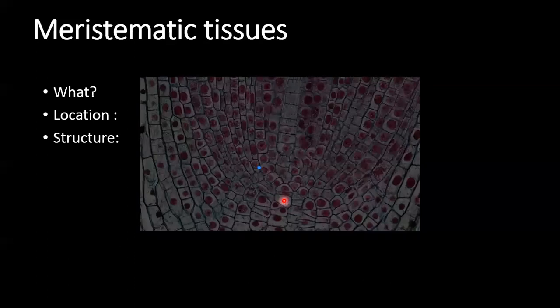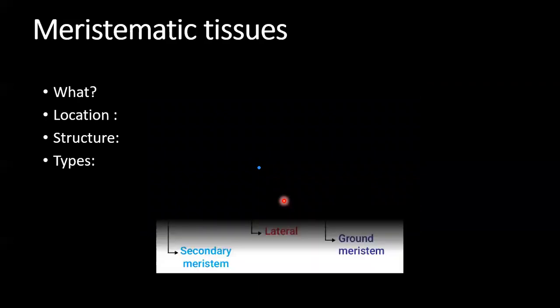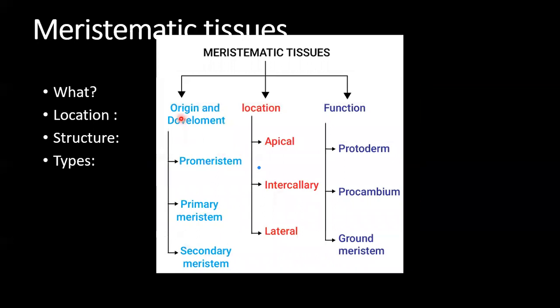Then moving on to the next one, that is types. There are three different broad categories of meristematic tissues. One is based on the origin and development. There are two different types: primary meristem and secondary meristem. During the primary growth of the plant body, the first formed meristems are called primary meristem.